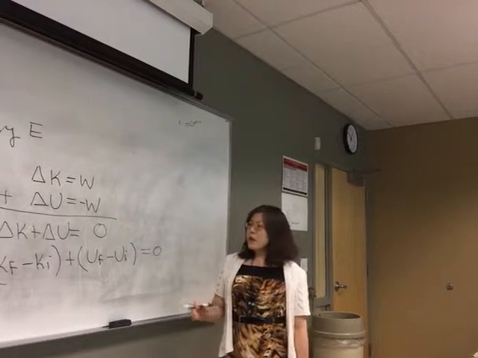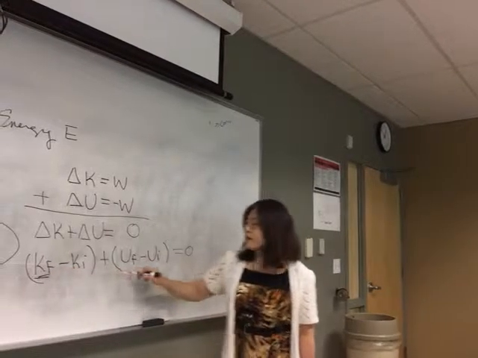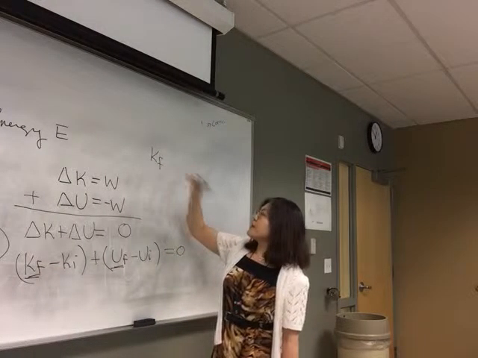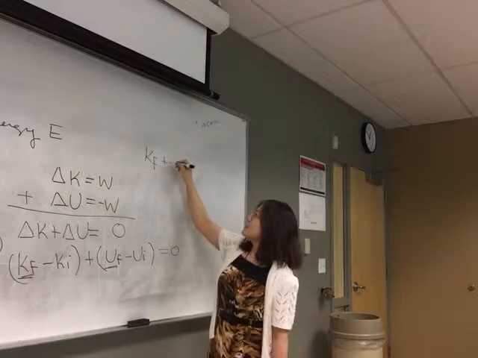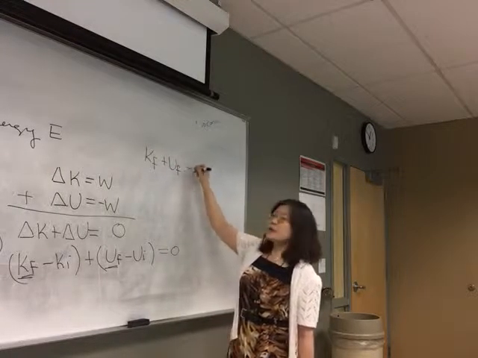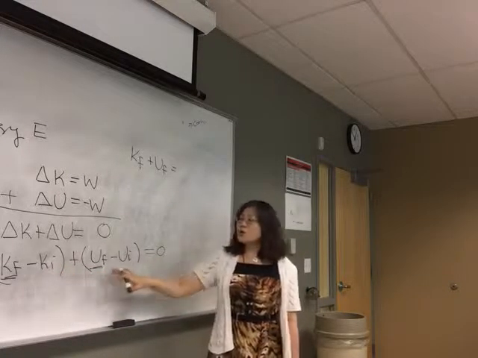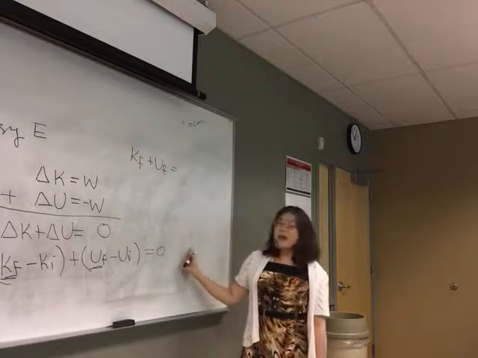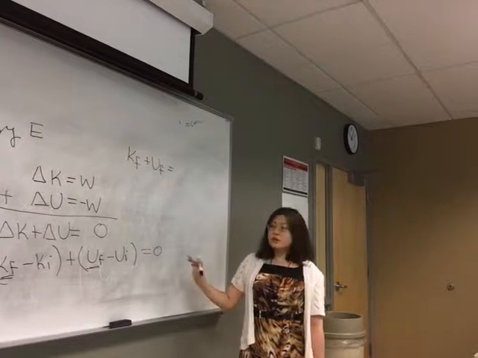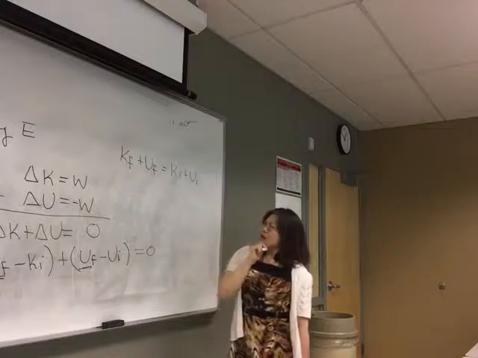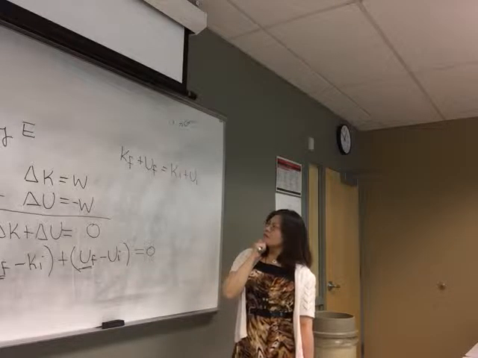So what we're going to do is group these two together. So what we have here is that the final kinetic energy plus the final potential energy is equal to, and then we're going to move these two negative quantities to the right-hand side of the equation so that they become positive. So we have Ki plus Ui. So let's look at this. What is that?